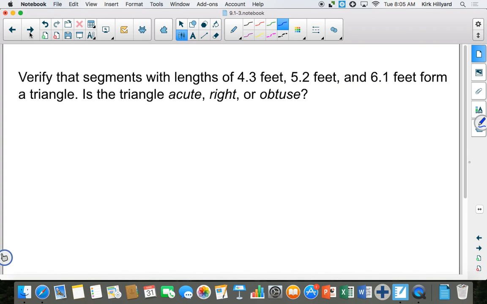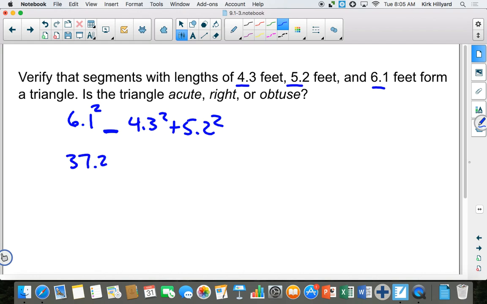So looking at this, here's our side lengths. We take the largest one, which is 6.1, and we're going to see if it is greater than or less than the other two, so we have to square them. When we do that in our calculator, we have 6.1 squared, which is 37.21.